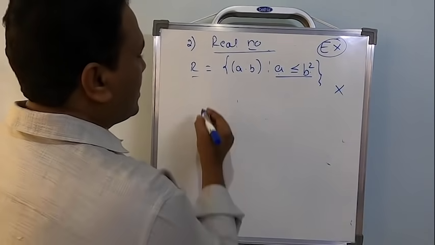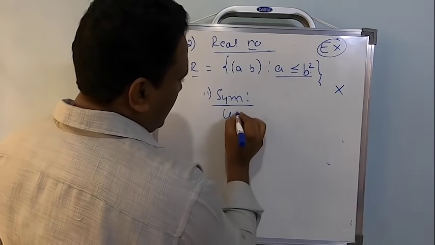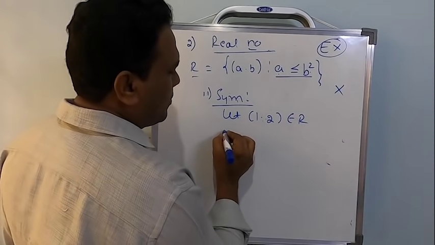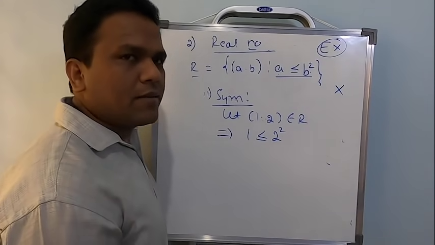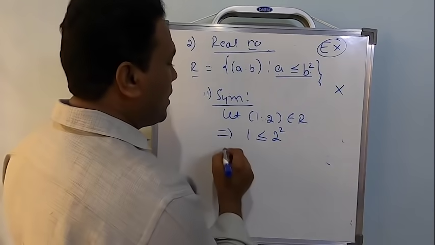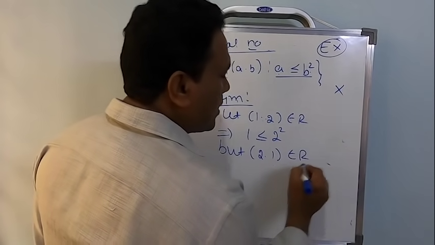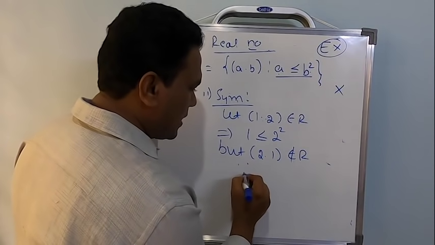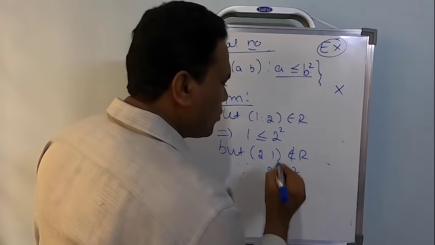Now the next thing, to discuss symmetry. Let me consider (1, 2) belongs to R, because 1 is less than or equal to 2 square, which is true: 1 is less than or equal to 4. But can I say (2, 1) belongs to R? No, it does not belong to R, because I cannot say 2 is less than or equal to 1 square.